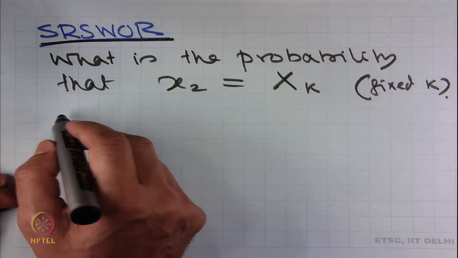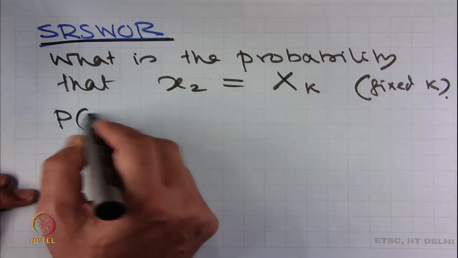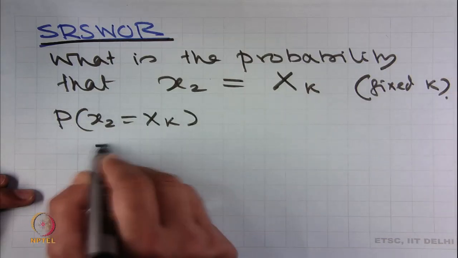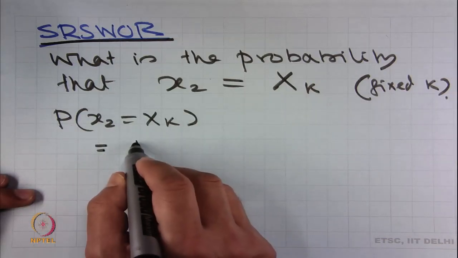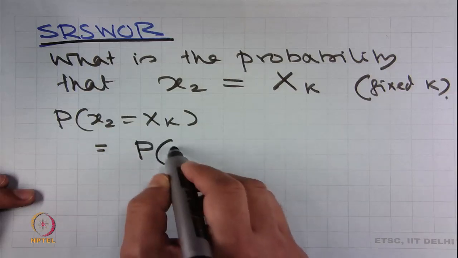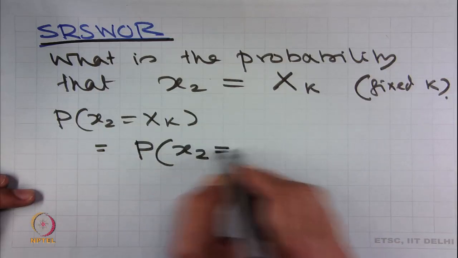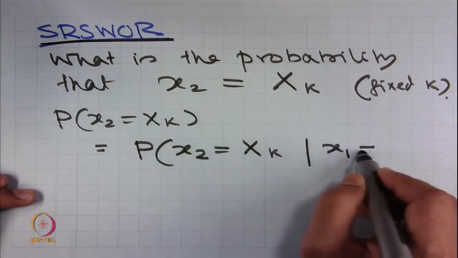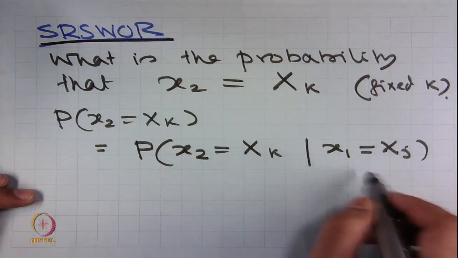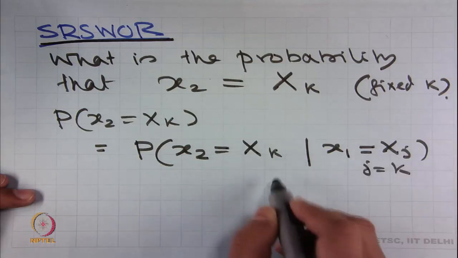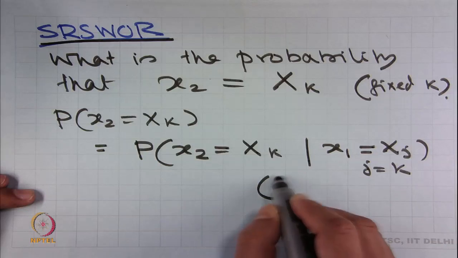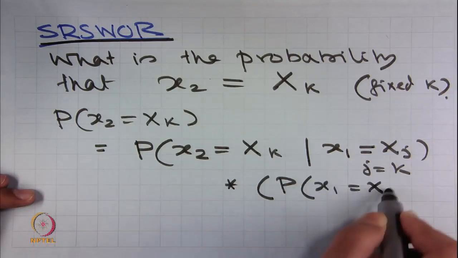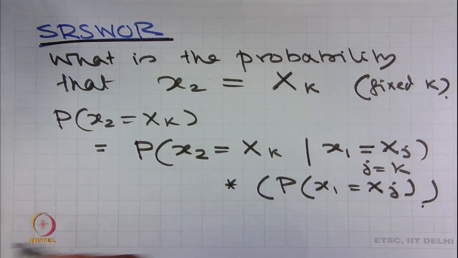So, probability X2 equals xk is the same as the sum of probability X2 equals xk given that the first sample is equal to xj, j not equal to k, multiplied by probability X1 equals xj.